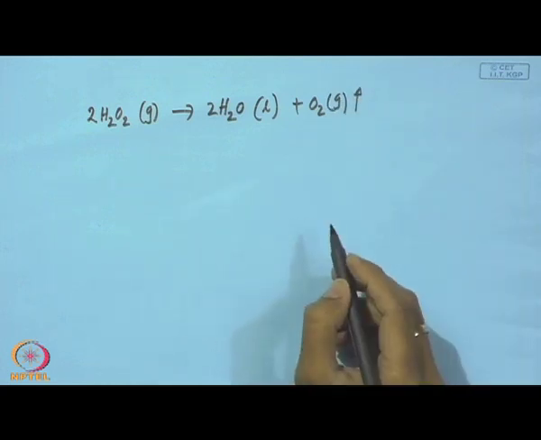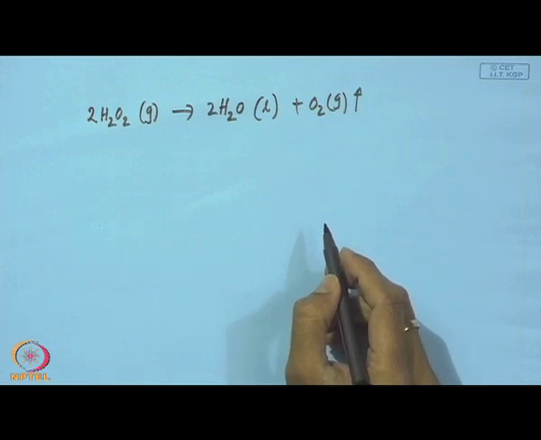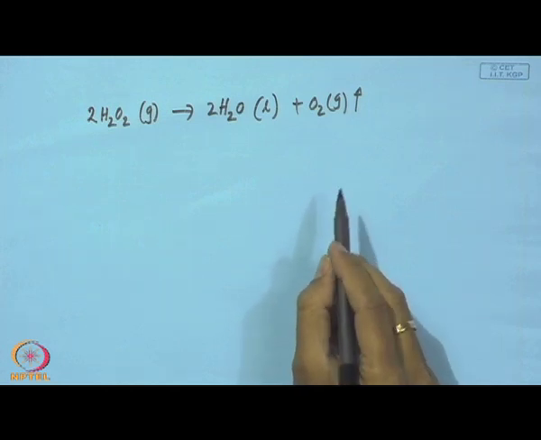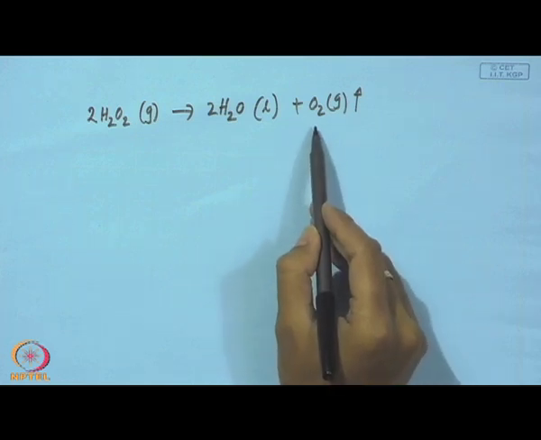So, how to find out the rate? Suppose that the gas so evolved is behaving ideally.